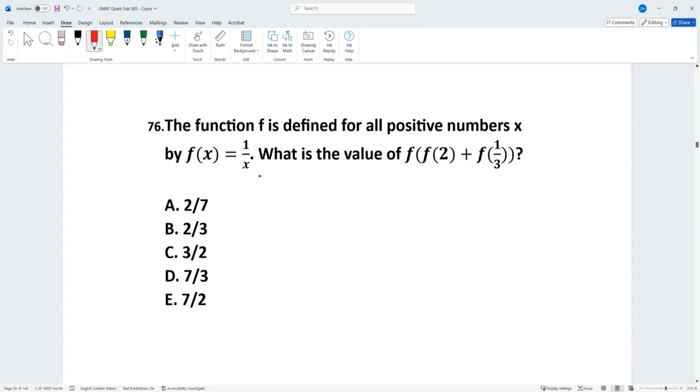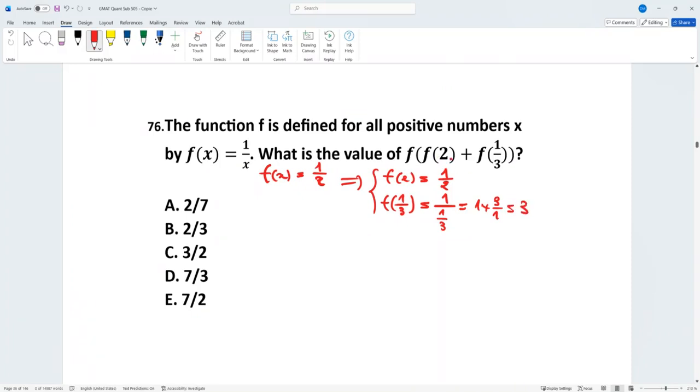So from what we can read from the prompt, we know that f of x is equal to 1 over x. So that means that f of 2 is equal to 1 over 2, and then f of 1 over 3 is equal to 1 over 1 over 3, which is 1 times 3 over 1, which is equal to 3.